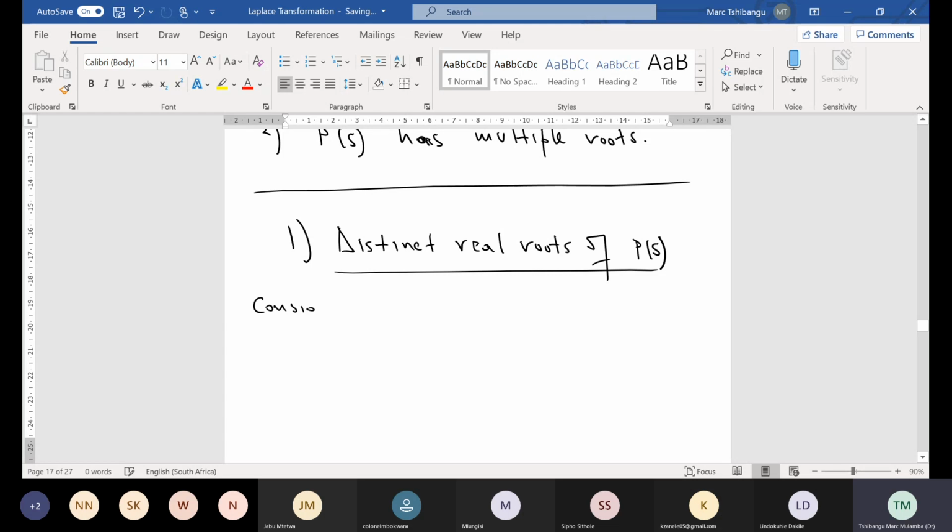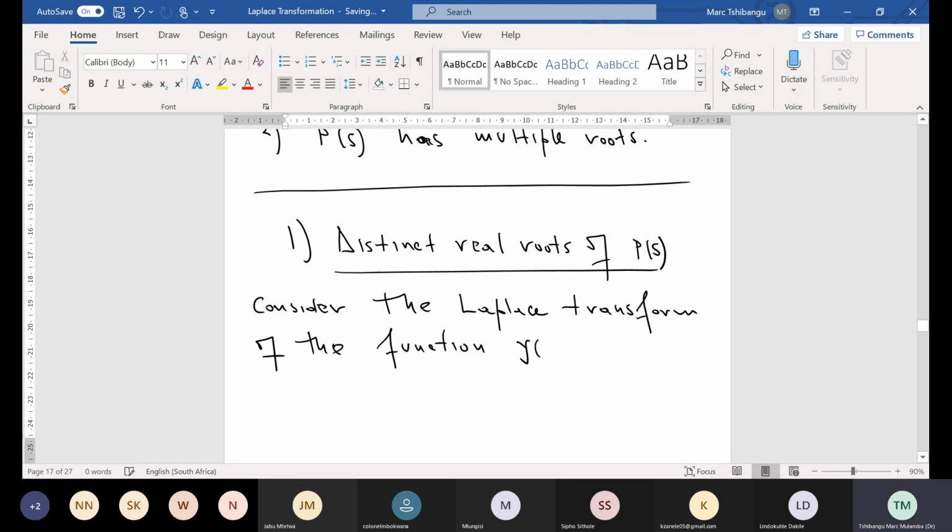Consider the Laplace transform of the function y(t) given by Y(s) equals s squared minus s minus 6 over s cubed minus 2s squared minus s plus 2.